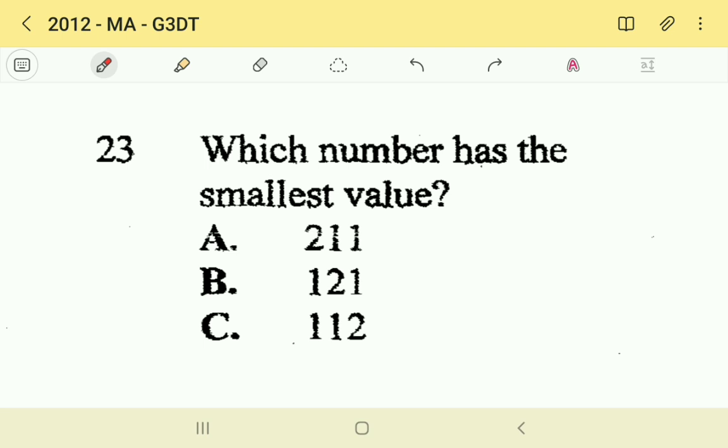They can shift the answers around. All right. So the answer is C. I did this one on the last paper. Many items are repeating. So 112, because in the hundreds place, this is 200, it's bigger than 100. And then in the tens place now, which is what we're going to use to determine these two, 1 is smaller than 2, so this is the smallest, C. All right.